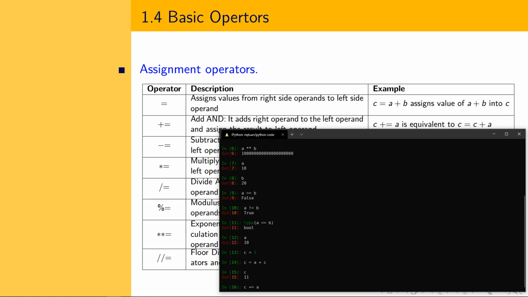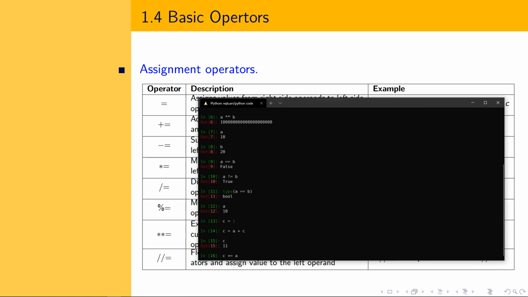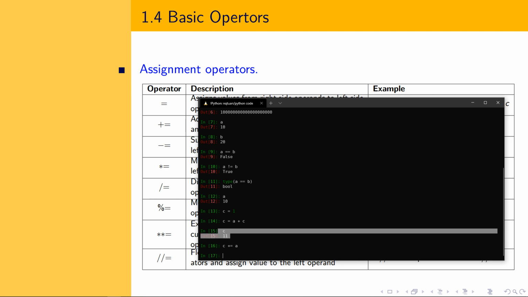You can put c plus equal a. So it's equivalent to c equal to c plus a. This line of code will increase c by a. So here we have c is 11, and we increase it by 10, so the value for c here is 21.